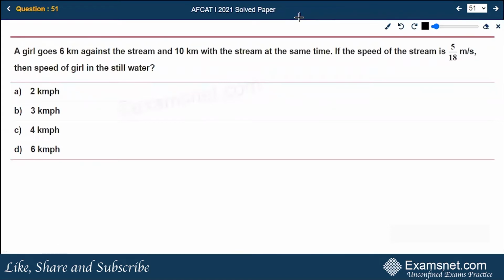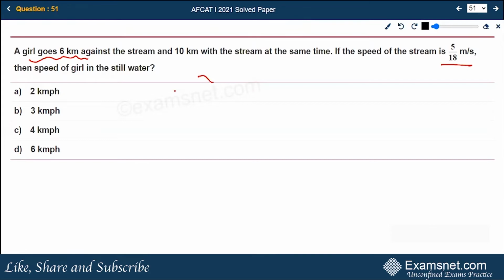Next, question number 51. A girl goes 6 kilometers against the stream and 10 kilometers with the stream at the same time. If the speed of the stream is 5 by 18 meter per second, then the speed of the girl in still water is? Let's analyze this. The girl is going 6 kilometers against the stream, right?